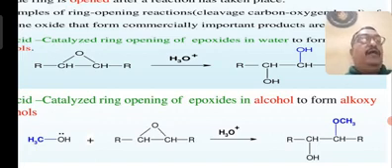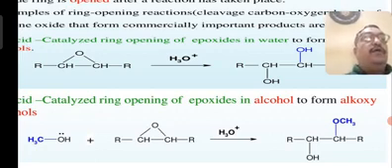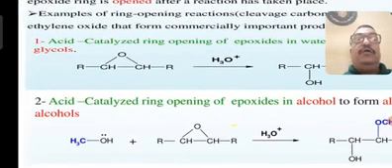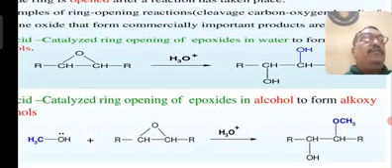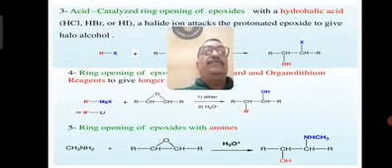So you will get RCH(OH)CH(OCH3)R. That is a methoxy substituted alcohol, an alkoxy group attached here. So it is called an alkoxy alcohol or methoxy alcohol. You can say OCH3 is a methoxy group. A methoxy long chain alcohol compound is going to form. Okay, so this is a reaction.